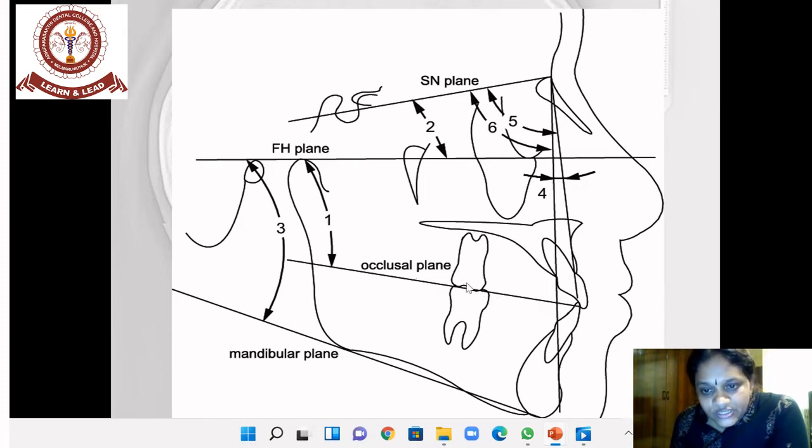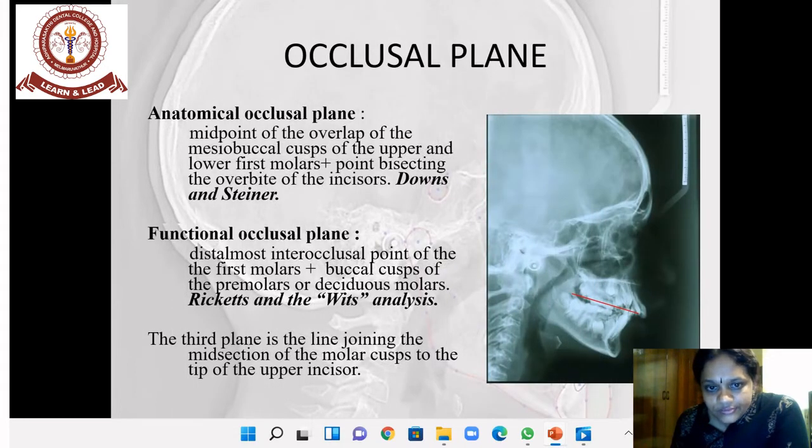Either you can consider your molars and premolars, and certain authors will connect that line to the incisor tip. So this is called your anatomical occlusal plane. When you don't consider the incisor and you connect only the teeth which are occluding, that will be called your functional occlusal plane. Coming to the mandibular plane, it is a line joining your gonion and menton.